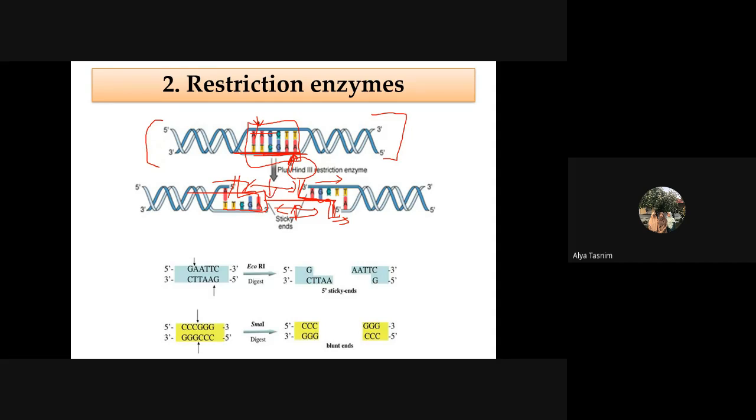So the gene of interest you cut with the same restriction enzyme. Another example is you cut using EcoR1, so the sequence is GAATTC. It cuts in a staggered manner, produces sticky ends. Make sure when you produce the sticky ends, never forget to write the ends, these two directions here.